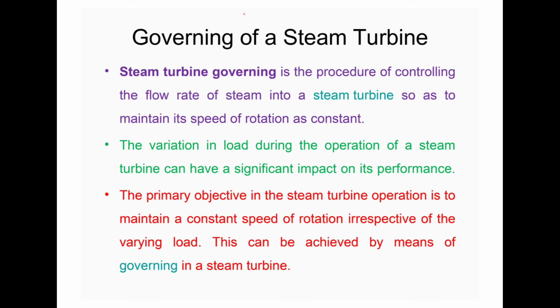Variation of loading can lead to damage of the turbine and complicate the smooth processing, so the governing system is an essential system to control the turbine. The primary objective in steam turbine operation is to maintain a constant speed of rotation irrespective of the varying load. This can be achieved by means of governing in a steam turbine.